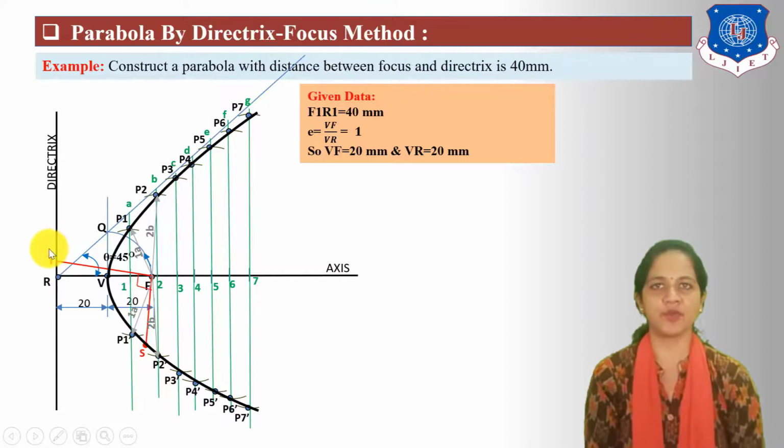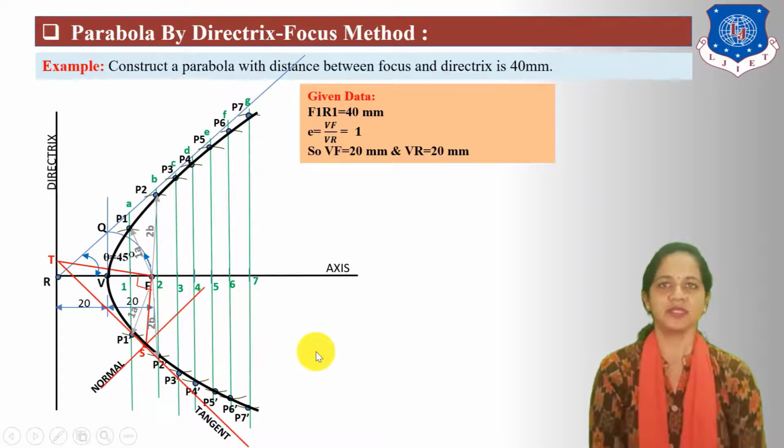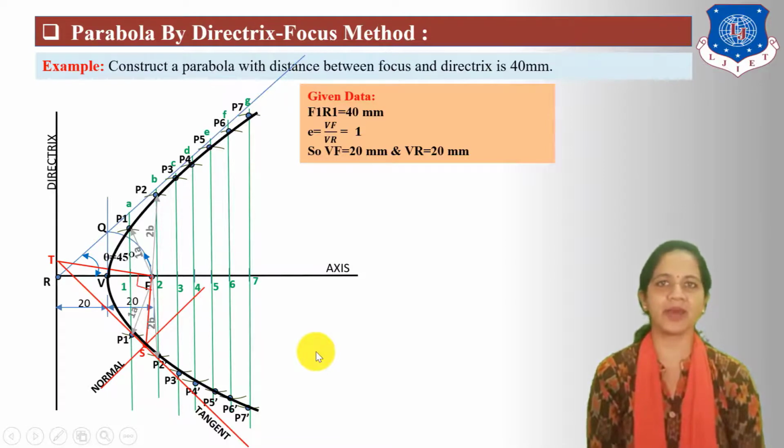Mark here T point. Connect TS point, which indicates the tangent. Next, draw the normal line passing through S point and perpendicular to tangent. So, this is the parabola by directrix focus method.